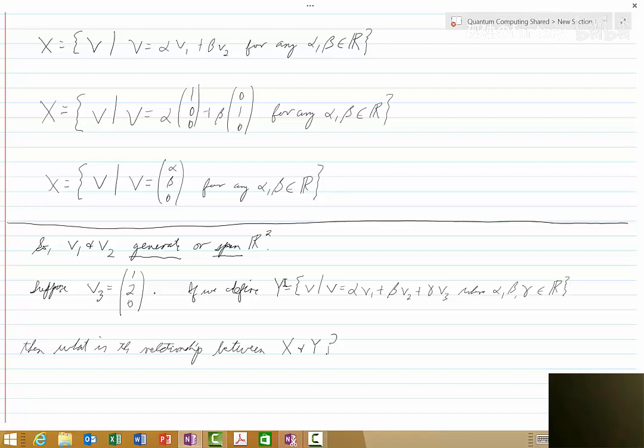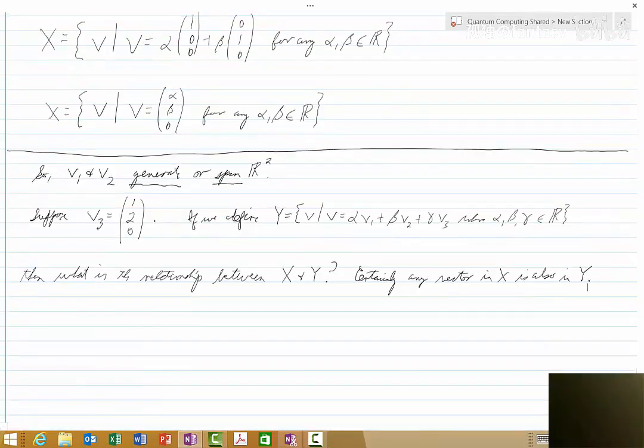So let me put this down. Certainly any vector in X is also in Y. But is Y bigger than X?